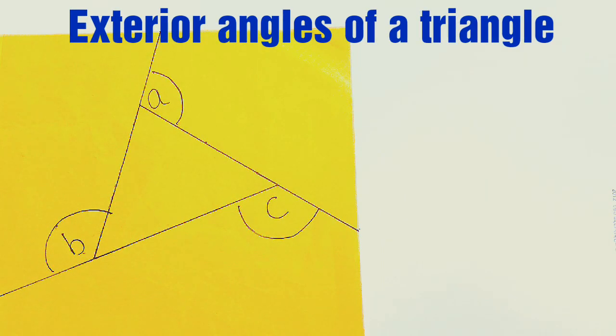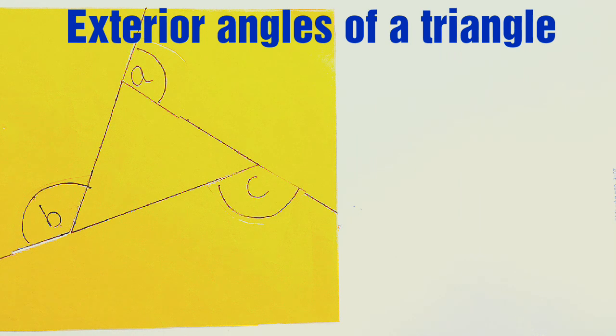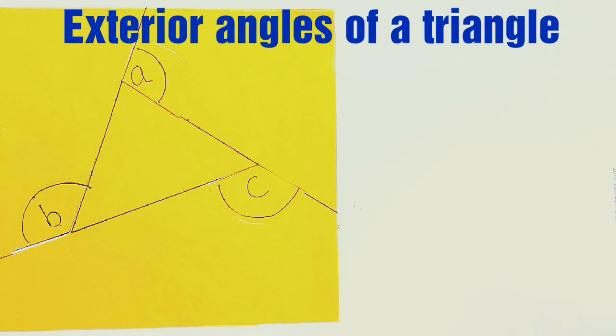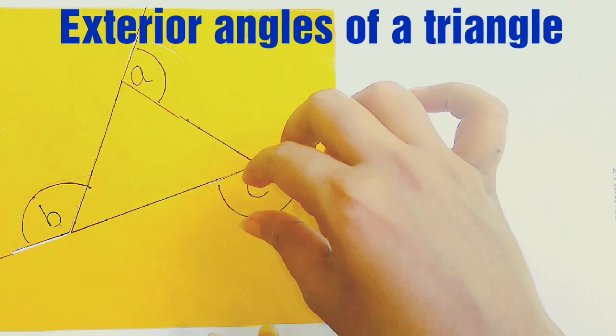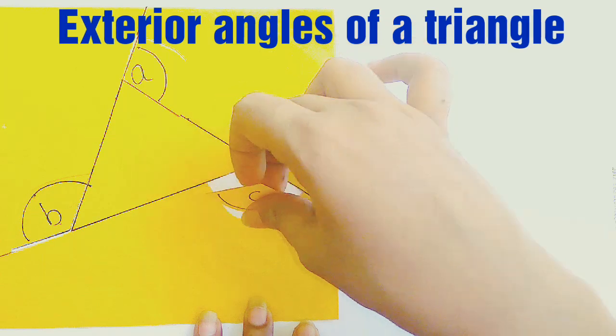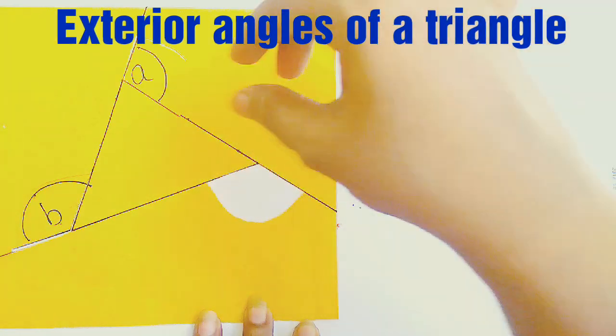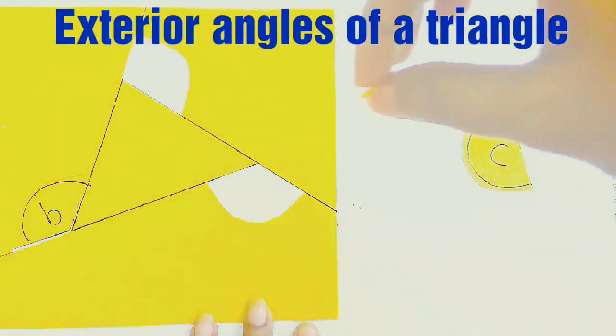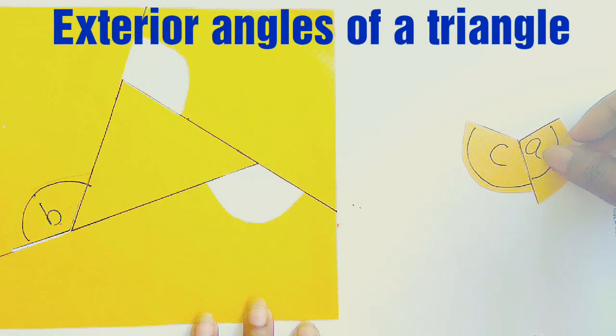Now I am going to cut them. You know, exterior angles means the angles outside the polygon. For that, I produce the sides and make the exterior angles.